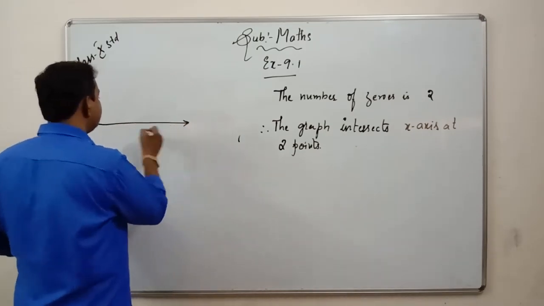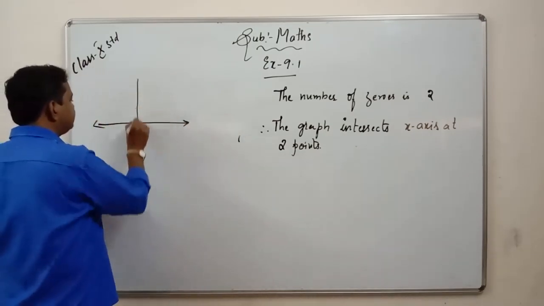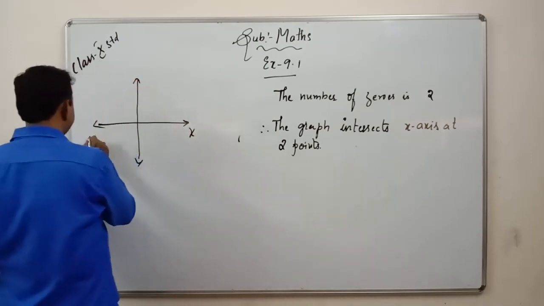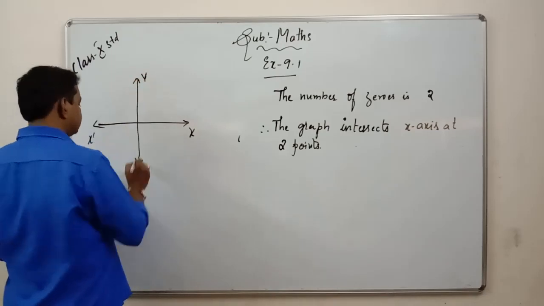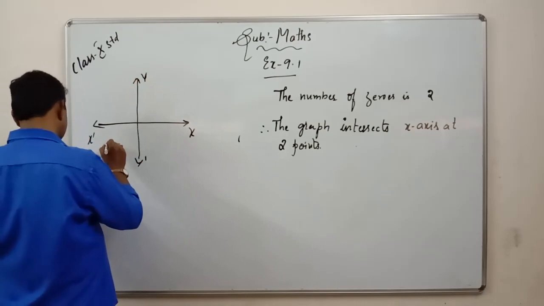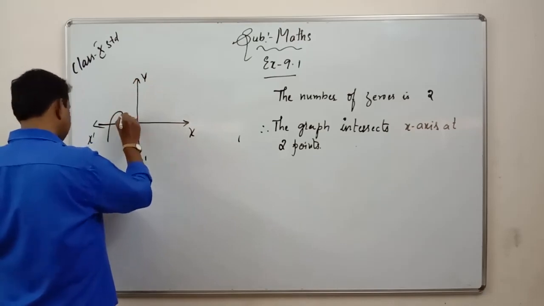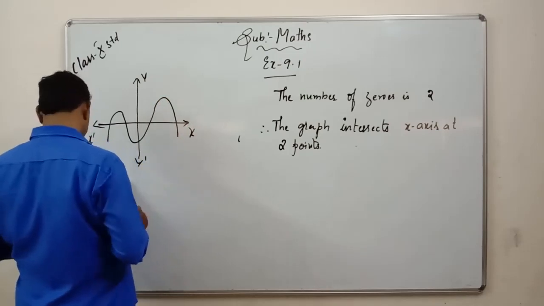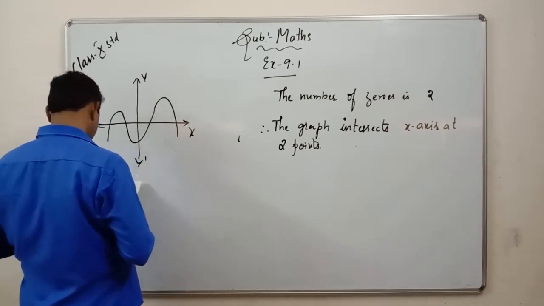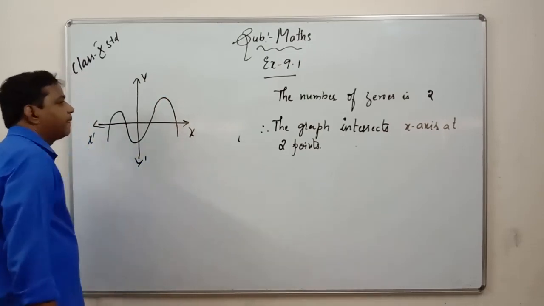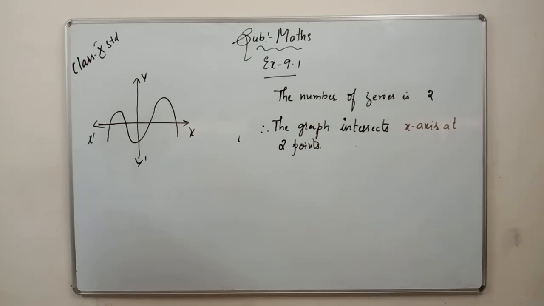This is an interesting one. How many zeros are there? The graph is intersecting the x-axis at how many points?